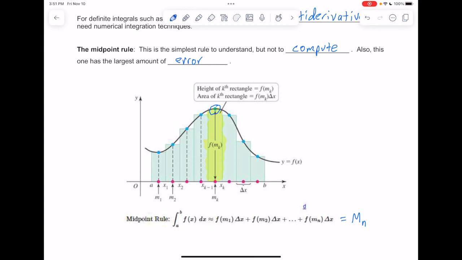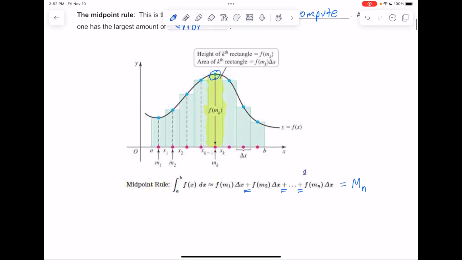And if we wanted to approximate that across, we would add that up for all the rectangles. So we do the addition of all those heights at the midpoint times the width, which is delta x, all the way across, and we would call that the midpoint rule, or M sub n.